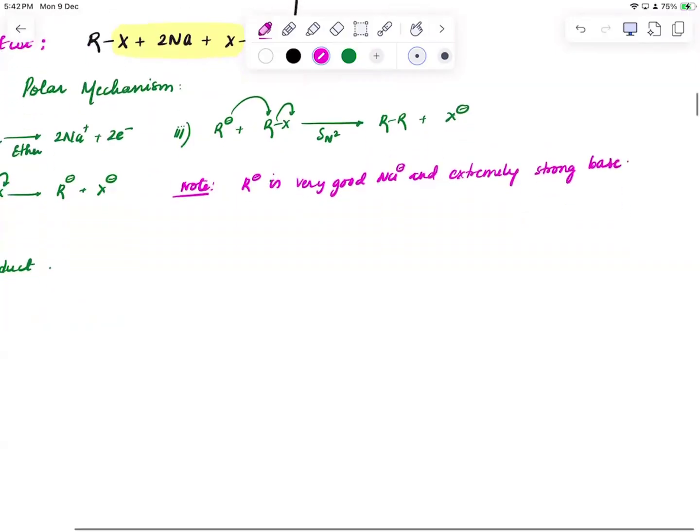And you need to understand one thing. A strong nucleophile will always tend towards SN2, and a strong base will always tend towards the E2 mechanism.